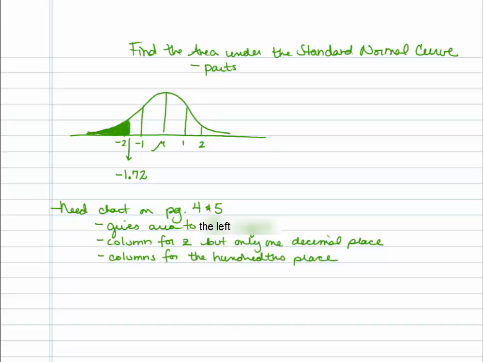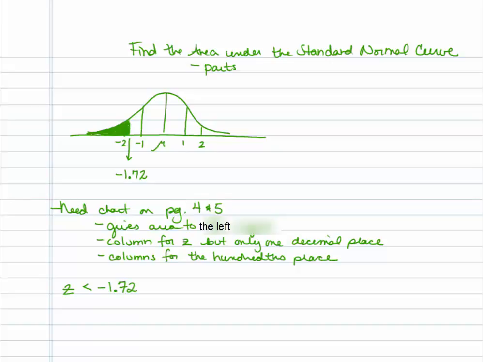So for example, look for -1.72. You're going to want to look on page 4 because that's where the negative values are. So what you're going to be looking for is a z-score of -1.72.